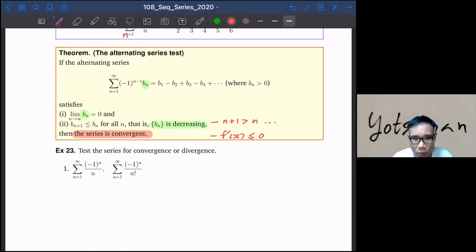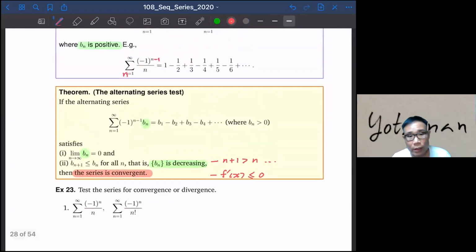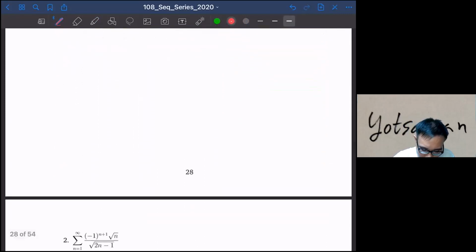The conclusion for this is convergence. If you want to show that an alternating series is divergent, you have to check whether the limit as n goes to infinity of bn is not equal to 0.